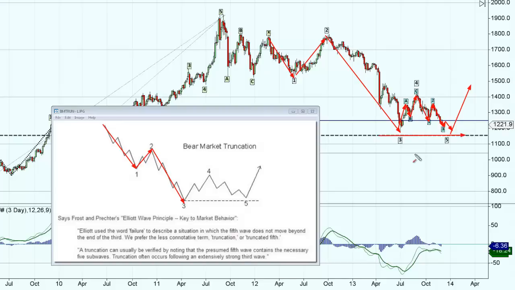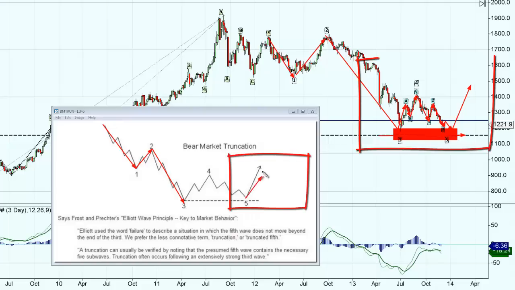In either case, whether the market unfolds as a bear market truncation, meaning that the low that we get on this most recent sell-off matches roughly the low that we have seen when the market hit its lows at 1181, you get these equal lows. At that point, you are going to get a sizable rally.